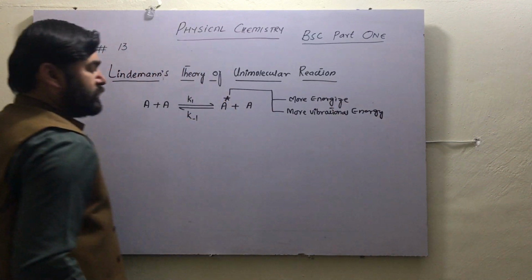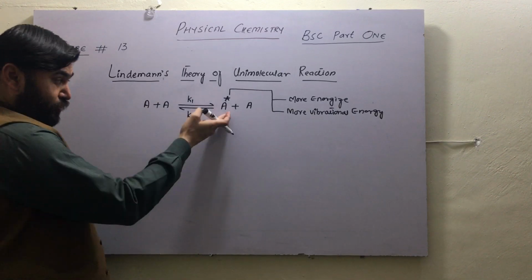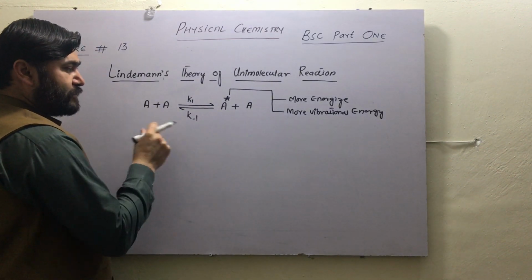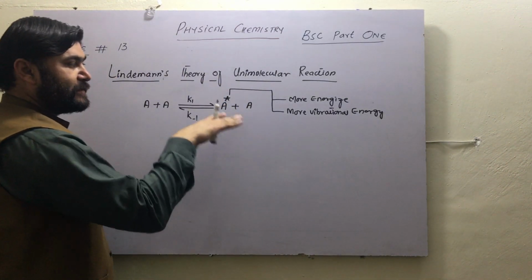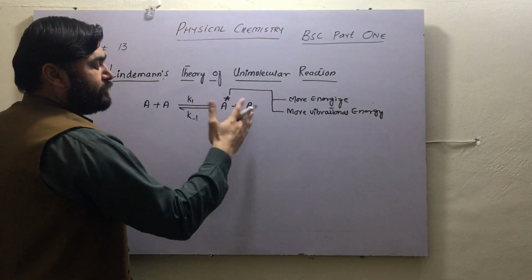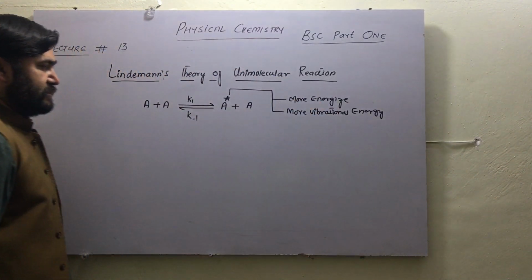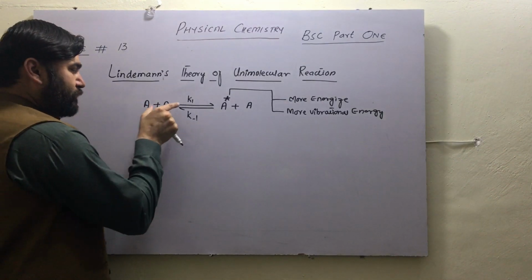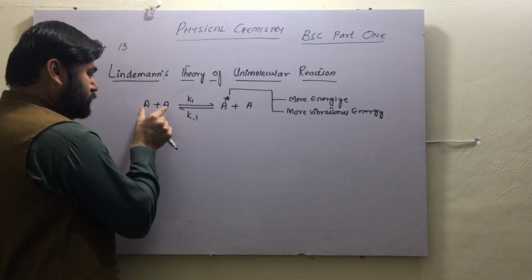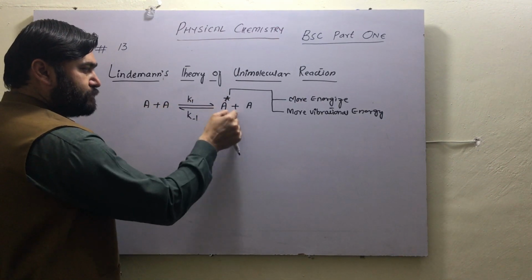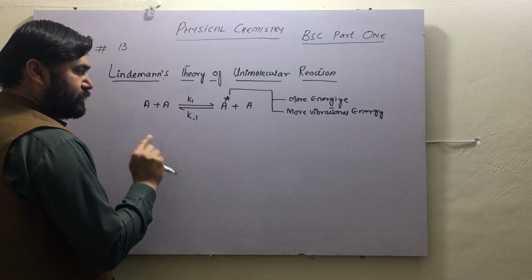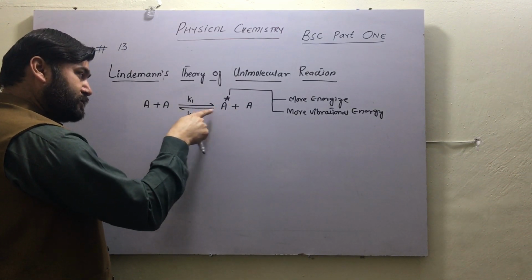A star is not an activated complex. It has more energy as compared to the parent molecule, so that's why we have put a star on it, that it is more energized, or we can say it has more vibrational energy. Now the rate k1: two molecules of A will combine to form A star plus A. This is step 1, and as we can see from the arrow, this is reversible.